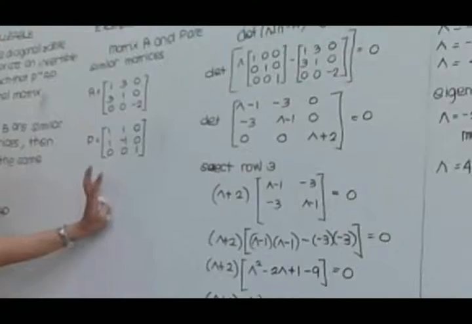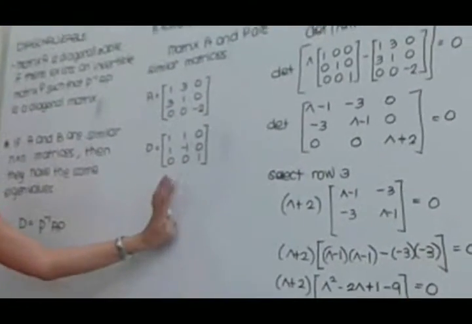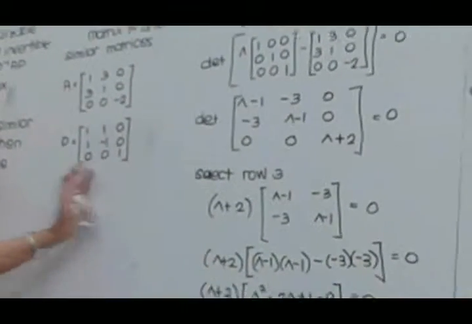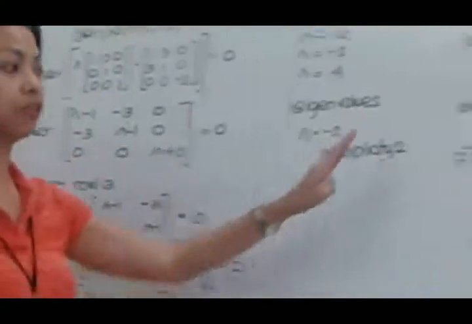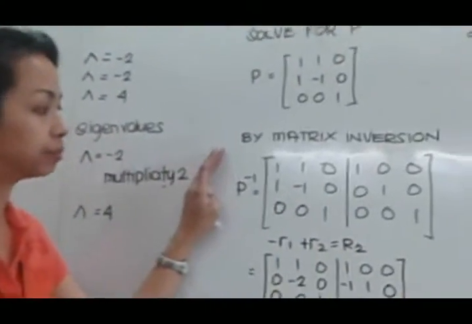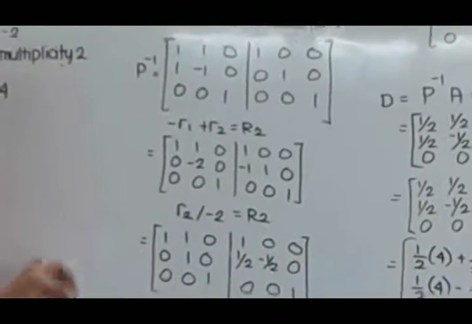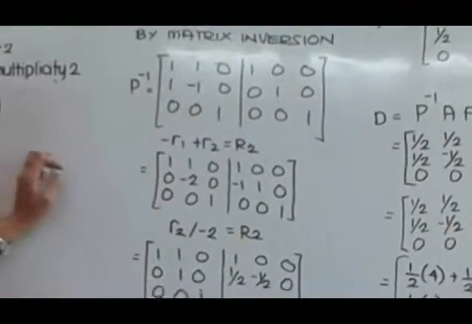Now, we are given matrix P as 1, 1, 0, 1, negative 1, 0, and 0, 0, 1 for the row entries. So, our first step is to calculate its inverse matrix. By matrix inversion, I have matrix P on the left side and your identity matrix, which would have a dimension of 3, on the right side.